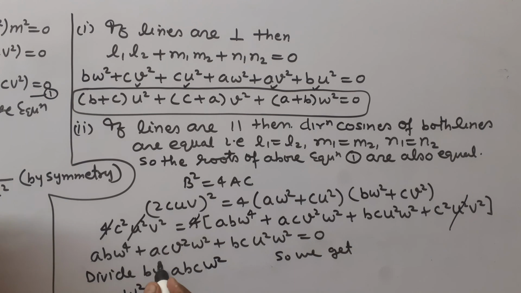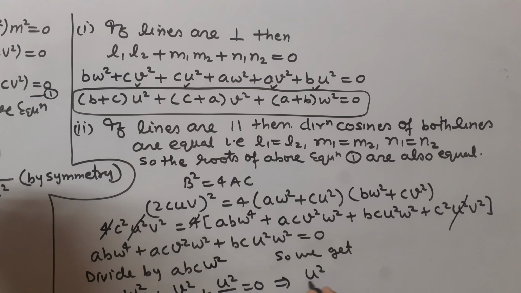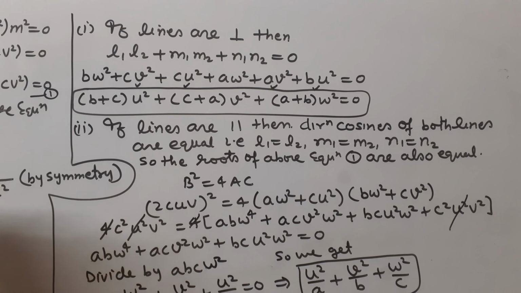When we divide the second term by abc w square, ac and w square cancel out, and this is v square upon b. When we divide the third term by abc w square, bc and w square cancel out, and we get u square upon a equal to 0. So this is the condition u square upon a plus v square upon b plus w square upon c equal to 0, that the two given lines are parallel. Thank you.